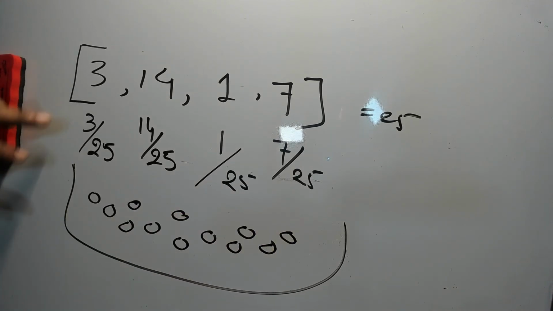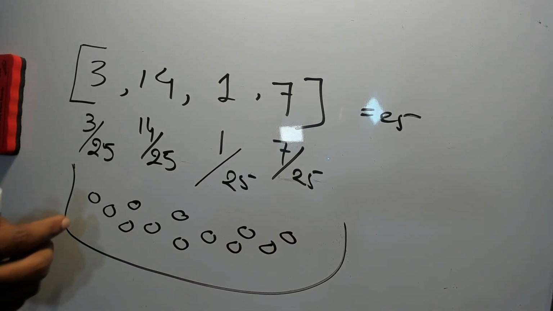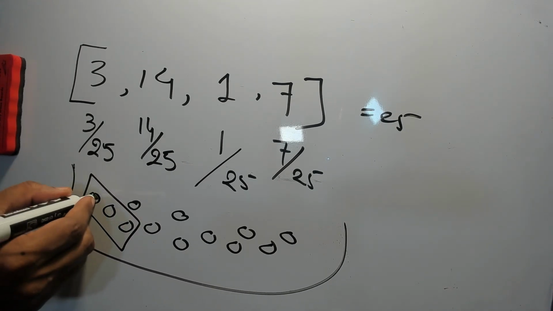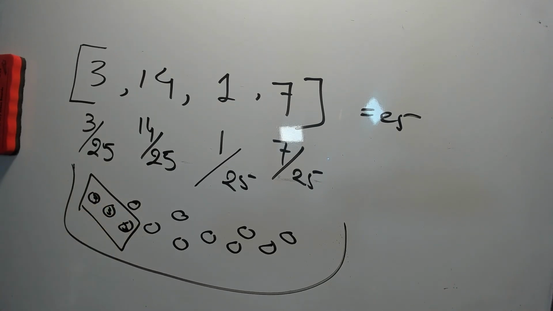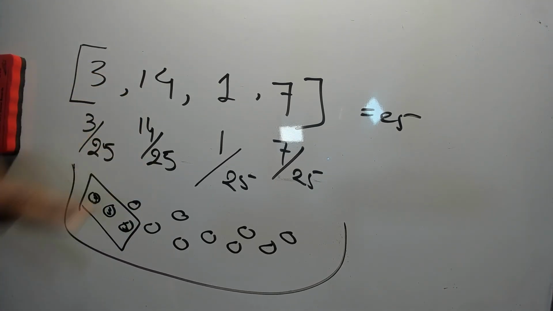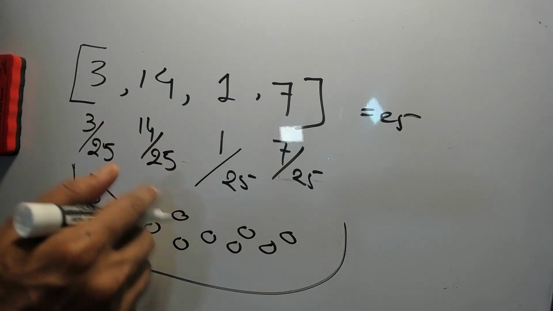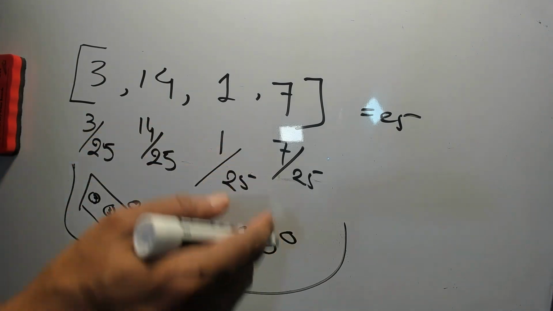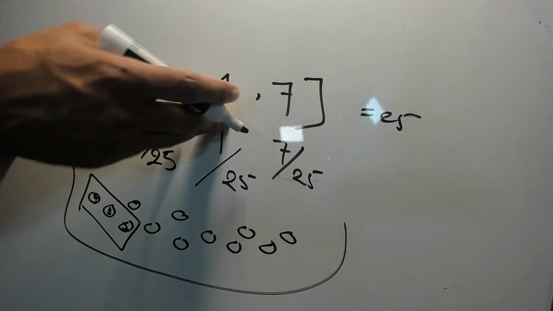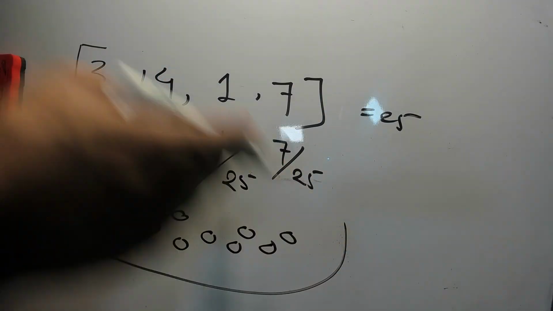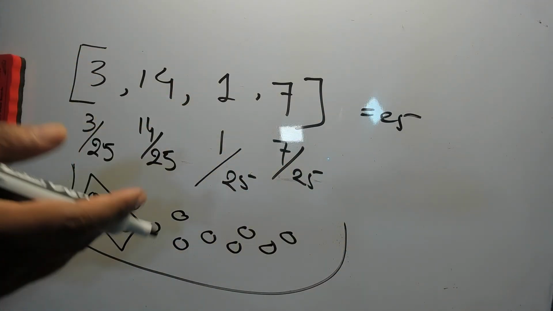How can we get 3 by 25? We should have 3 coins that represent 3. Similarly, how can we get 14 by 25 probability from this box? We need 14 coins representing 14. And similarly for 7, we need 7 coins, and only 1 coin for 1.